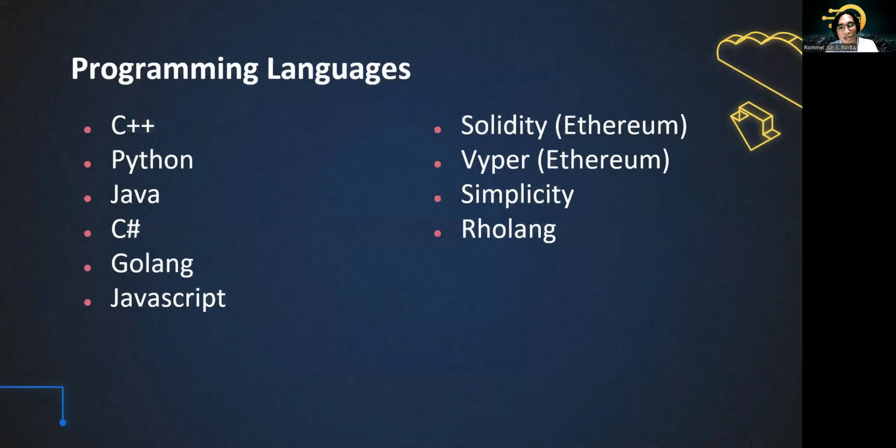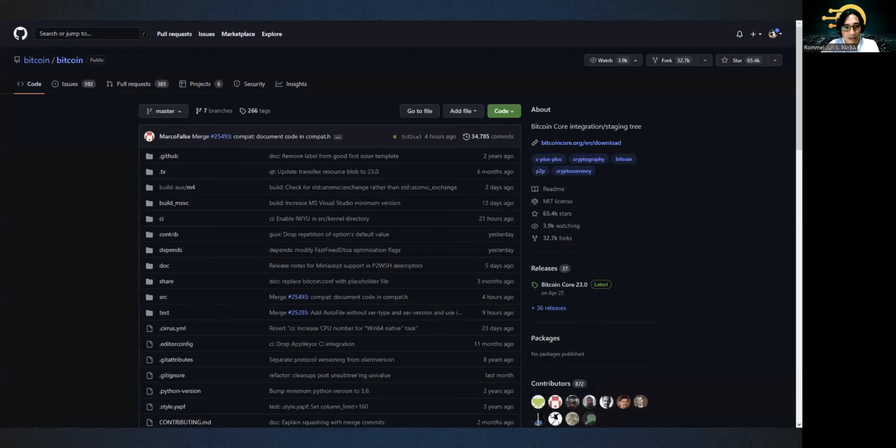So if you want to be a blockchain developer, be good in at least one or more of these languages. If you want to check out Bitcoin source code, you can find it in GitHub. It's open source. You can create your own Bitcoin. You can create your own blockchain even. So if anybody's interested, here you go.